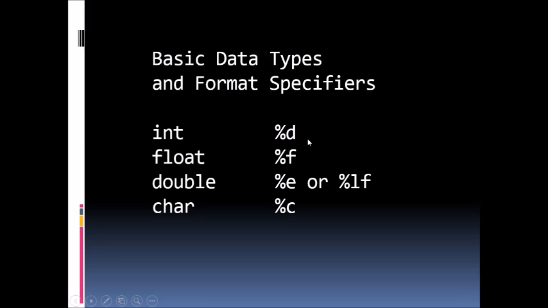So the format specifier for an int is %d, format specifier for a float is %f, for a double it's %e and %lf, and there are some more, and for a char it's %c. So when we are using int, we'll be using the format specifier %d.